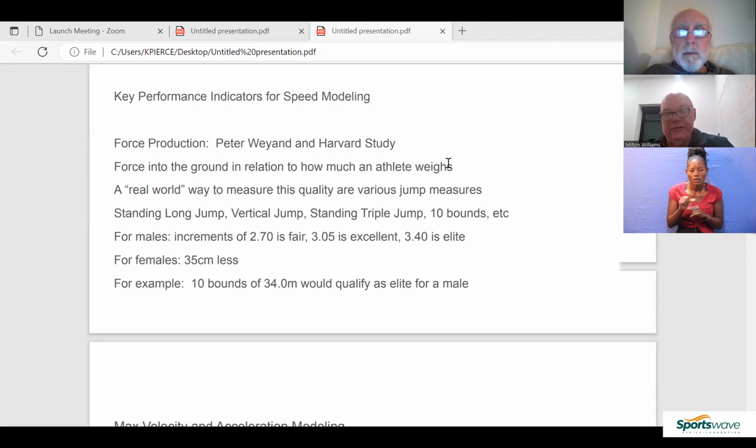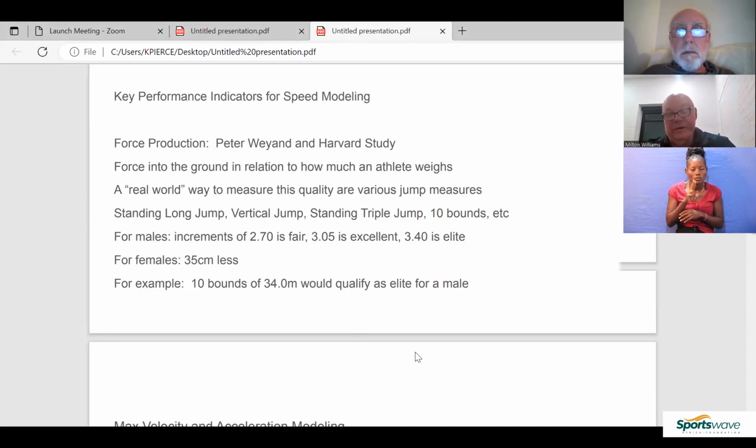So for 10 bounds, they'll go about 34 meters, or for a standing triple jump, a little over 11 meters. The ones that are less elite tend not to be able to jump quite as far because they do not deliver as much force into the ground.